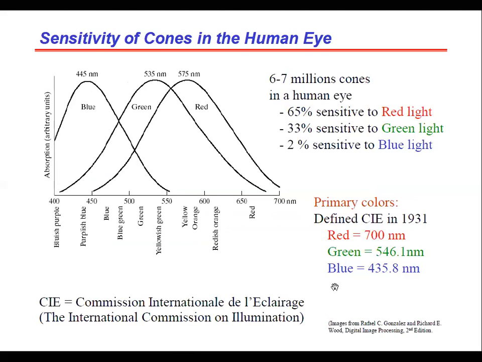There is something more interesting about cones. 65% of them are sensitive to red, 33% sensitive to green, and 2% sensitive to blue. That means you can make some compromise in the color blue and the eyes can't sense it.